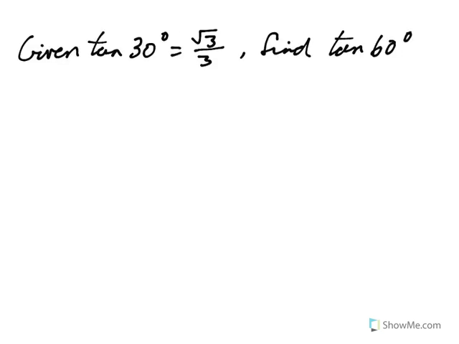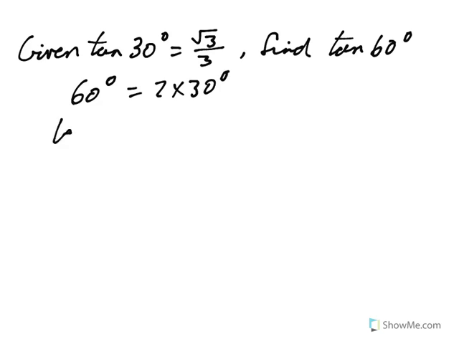Alright, so given that tan 30 is root 3 on 3, find tan 60. Okay, so this is one of the exact values that you're expected to know anyway, but just to go through the process, 60 is 2 times 30.